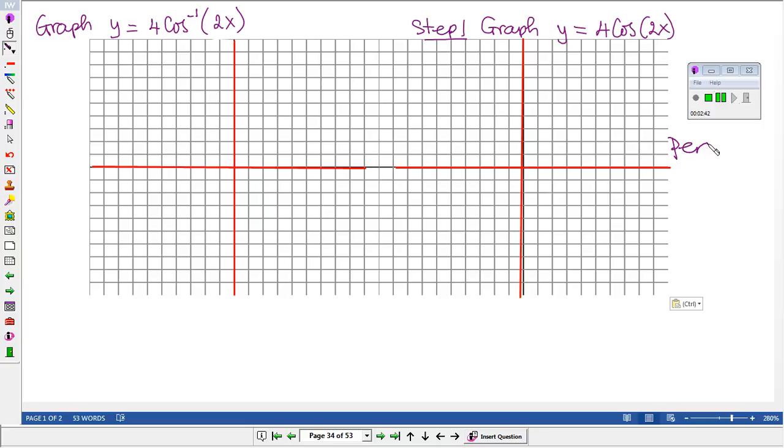From that, we find the period is 2 pi divided by b. Substitute b for the positive 2, so the period is pi. So I'm going to go to the graph. I'm going to divide the period into 4 equal parts, so this will be pi, pi over 4, 2 pi over 4, then 3 pi over 4.